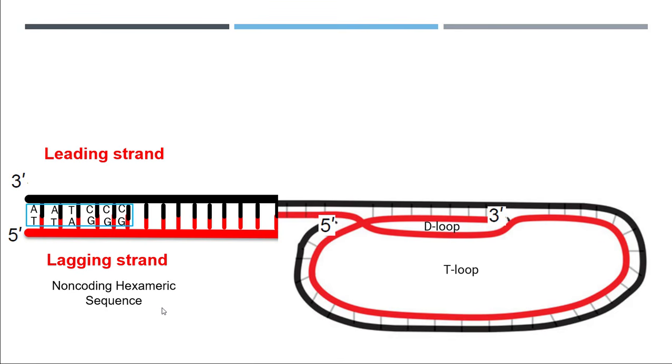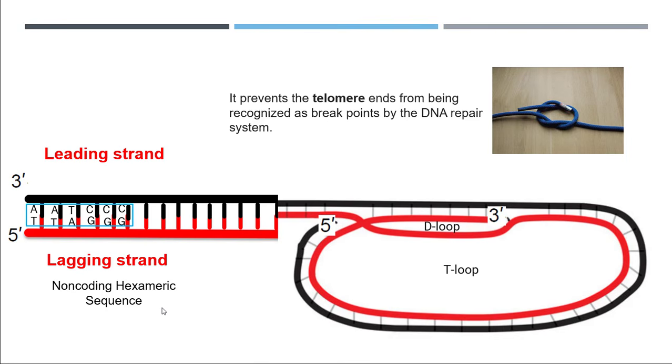Now, why do the telomeres make the T-loop? Because this is a kind of knot for us, and it's going to prevent the telomere ends from being recognized as a break point by the DNA repair system. So the DNA repair system cannot recognize that there are break points in it and cannot make changes in this T-loop structure. Now, this T-loop structure needs to be maintained in this configuration.